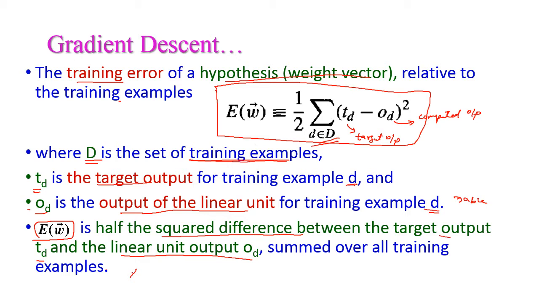This is important here. After every iteration we have to compute the error, and based on the error we need to adjust the weight, and the entire process will be repeated once again.